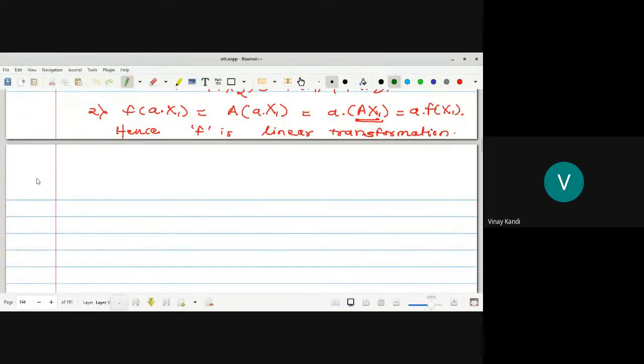Definition of vector space isomorphism. Write down this name: vector space isomorphism. Now look at the definition.